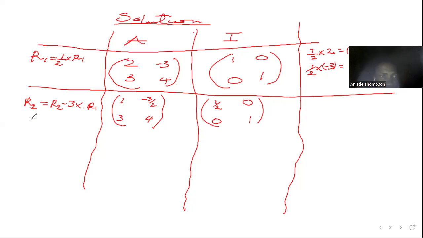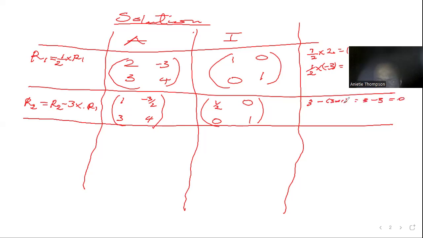So by the time I do that, I will have a new matrix like this. So let me write it here. The row 1 is going to be 3. So that is row 1. That is going to be 3 minus 3 times 1. So that is 3 minus 3, that is 0.